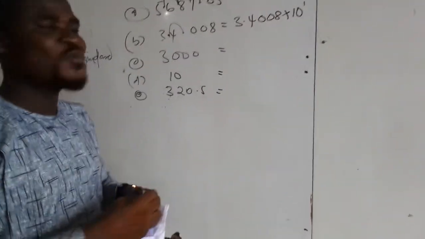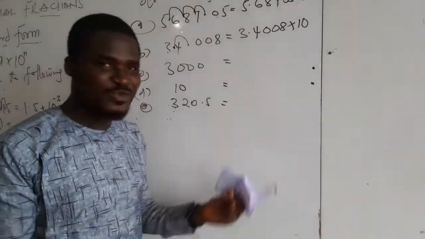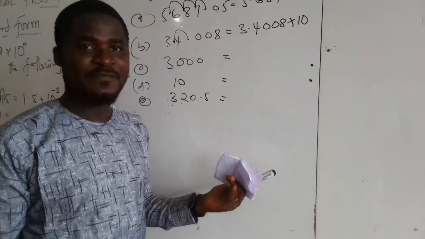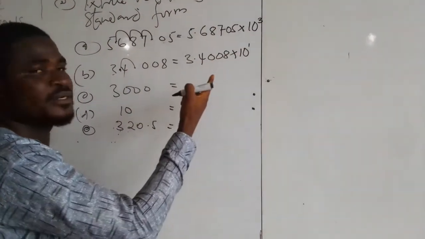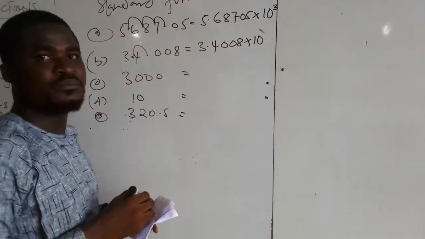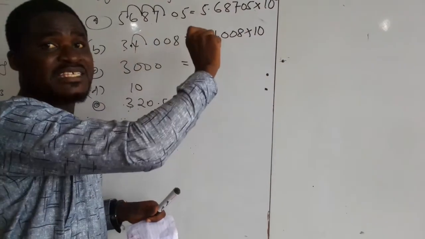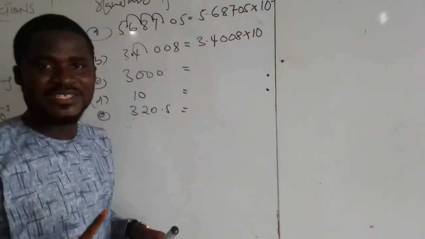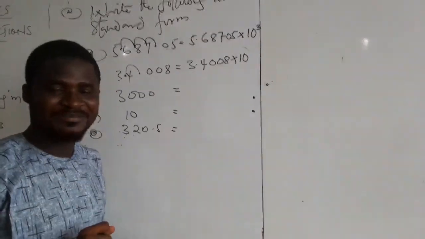But we don't write the 1, because any number standing on its own is exponent 1. We don't write it. Okay? Good. So instead of writing the 1, leave it in this form. But if it's negative 1, you have to write that negative 1. But positive 1, don't write it. Take note, because any number standing on its own is exponent 1.